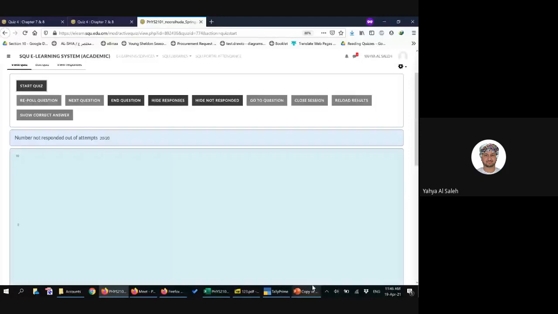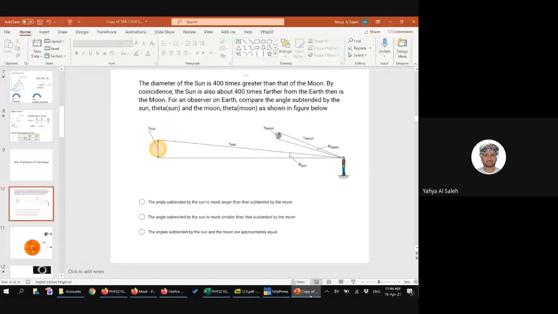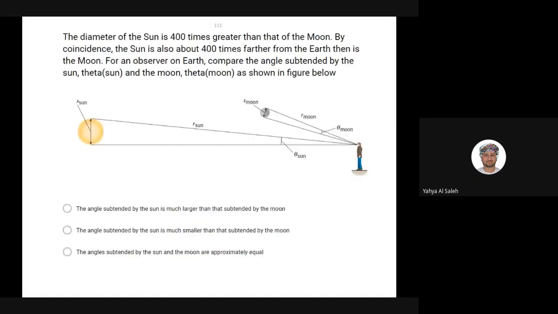So the question is, the diameter of the sun is 400 times greater than that of the moon. By coincidence, the sun is also about 400 times further away from the Earth than the moon is. For an observer on Earth, compare the angle subtended by the sun, theta sun, and the angle subtended by the moon, theta moon, as shown in the figure below. Are the angles of the sun much larger or the moon much larger, or are they pretty much equal?